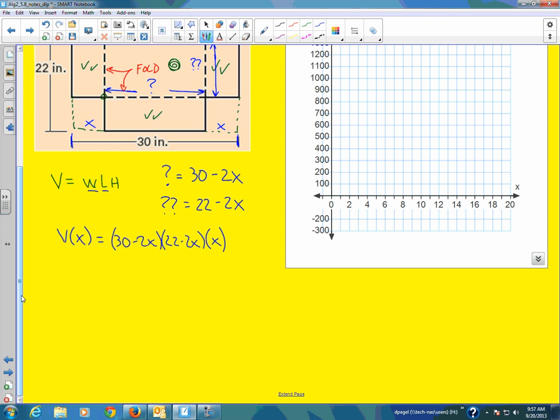But I could actually, at this point, go ahead and find my x-intercepts. These x-intercepts, again, help me to draw this graph. And the reason I'm able to find the x-intercepts is I'm at a point where I have factored form. And if I just made volume equal to 0, then I am able to come up with my x-intercepts.